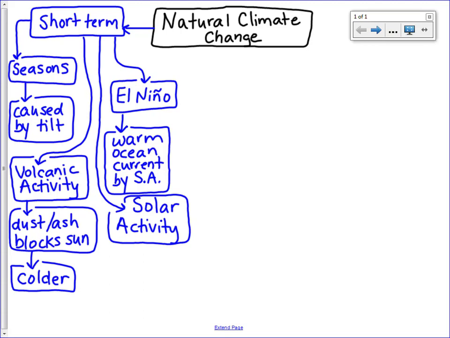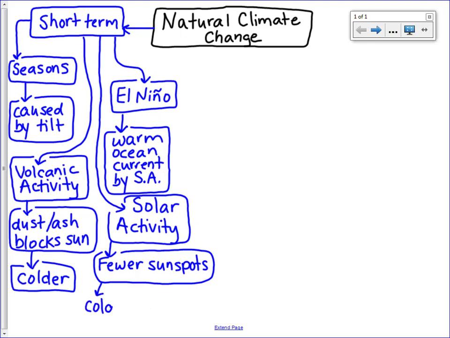And when you take those things away, when the sun becomes less active and there are fewer sunspots, that cycle of fewer sunspots corresponds to times of colder weather, colder climate. And this typically happens about once every 11 to 12 years. That's how often the sun cycles through from a maximum number of sunspots to a minimum number.